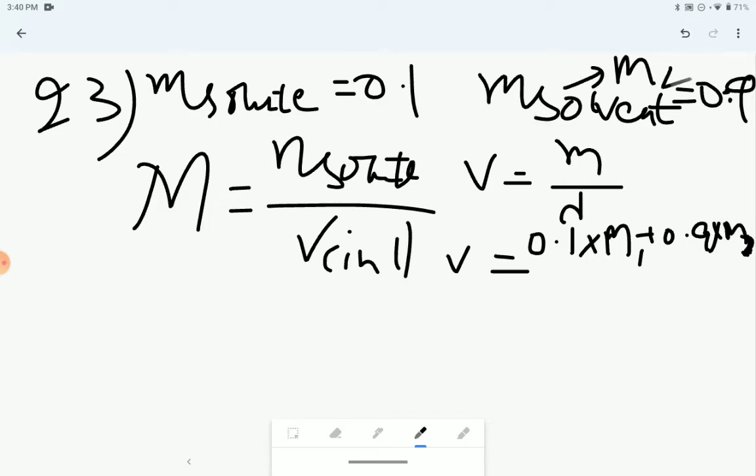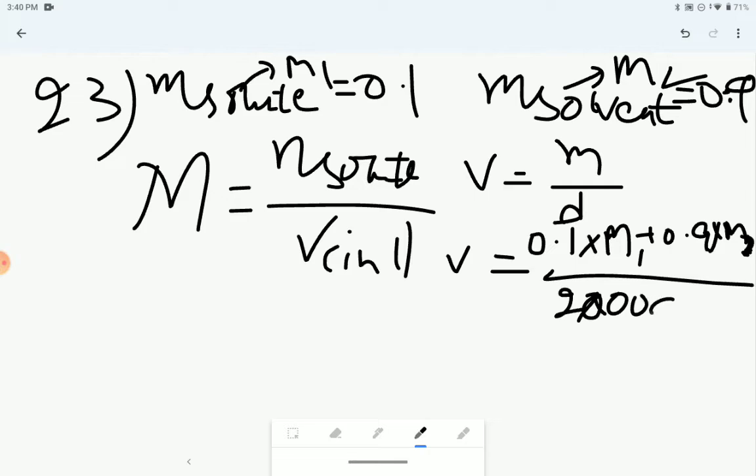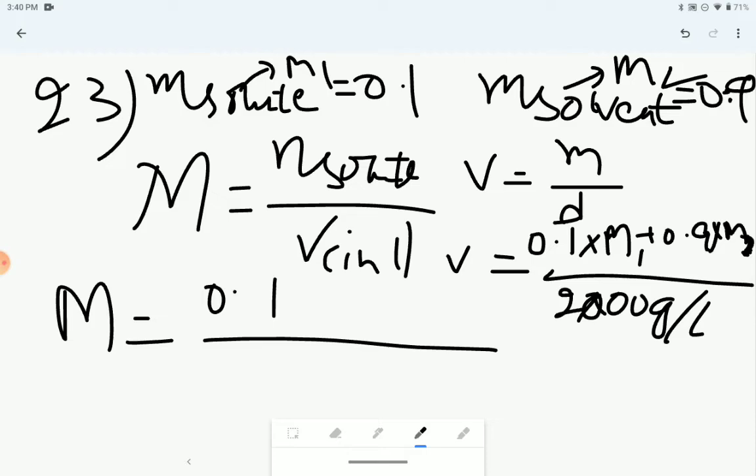Molecular weight of solvent is m2, and molecular weight of solute is m1. So volume is 0.1 into m1 plus 0.9 into m2 by the density, which is 2000 gram per liter. Now the volume was known and the number of moles of solute was 0.1, which we already know. So molarity comes out to be 0.1 by (0.1 m1 plus 0.9 m2) by 2000.